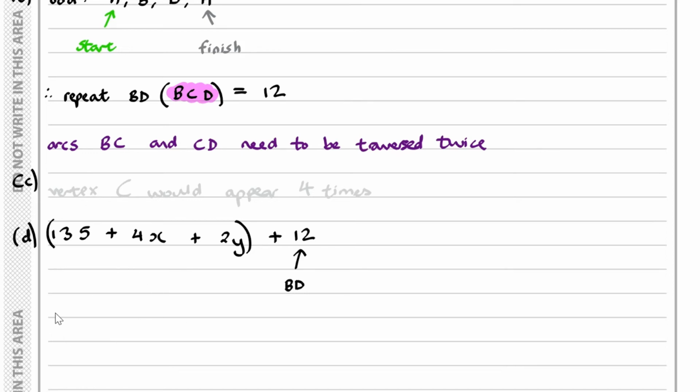So we have 135 plus 4 times 3, plus 2 times 6, and then we add on the 12, we get 171.